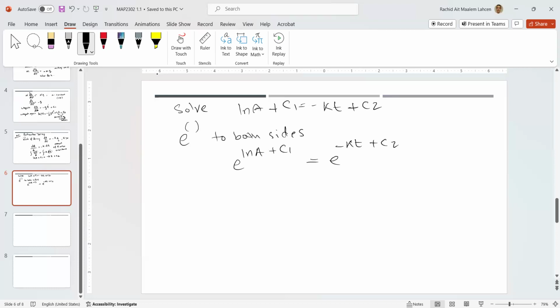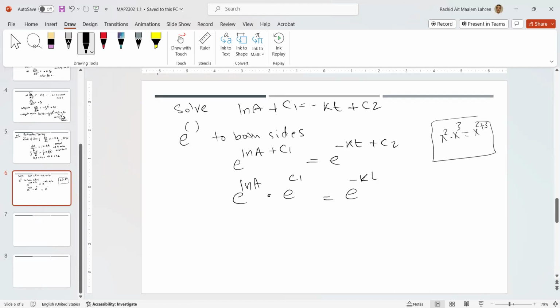We know if you have exponents, they're added, that means they came from multiplication. So we can change this to e to natural log of a times e to natural log of c1. Of course, x squared times x cubed is x to the 2 plus 3 here. So that's kind of the idea.